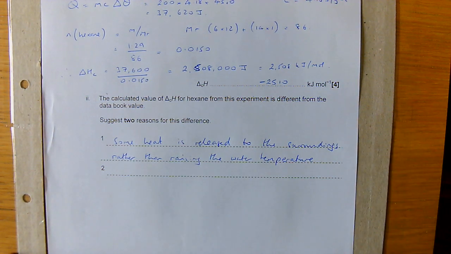So we're actually underestimating the amount of heat that we're getting out from burning our fuel, because we're only measuring the heat that goes into the water rather than the heat that's going into the surroundings.